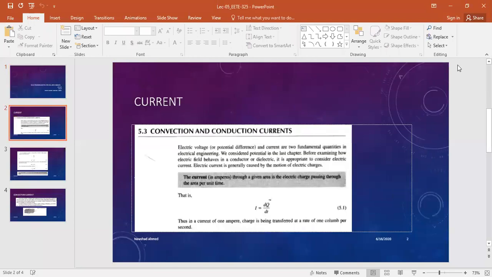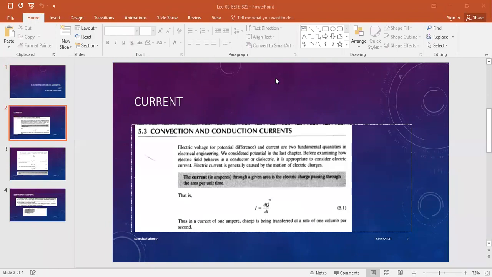In our lecture number 5, we discussed a new current. You can remember this. We discussed a new current, which is convection current. What was our convection current? I will just repeat. In convection current, who is trying to enter?